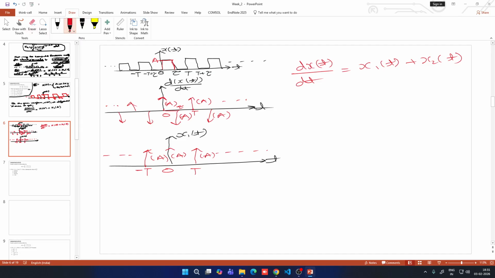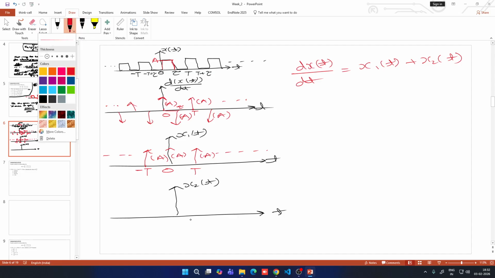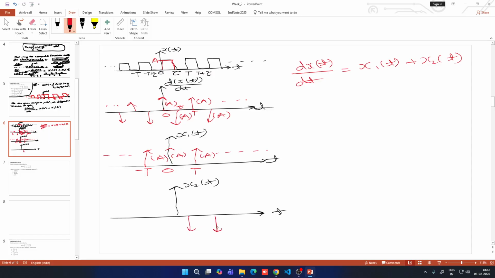And x2 of t will have the negative impulses. I am doing nothing but dividing dx of t by dt into the positive and negative impulses. This is x1, this is x2.